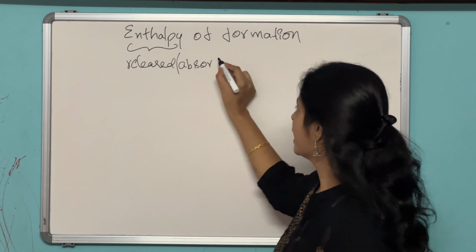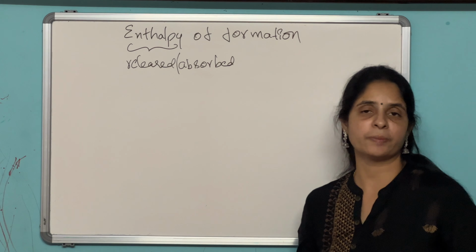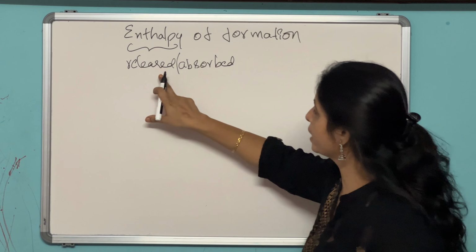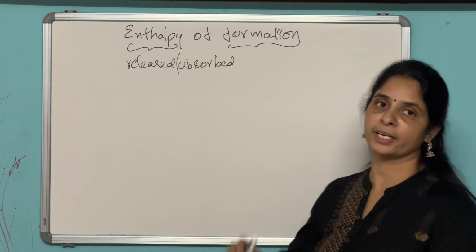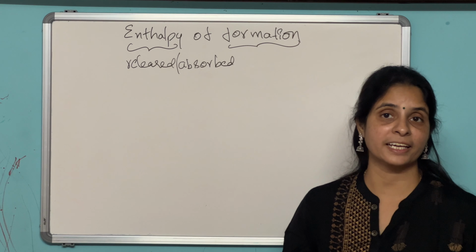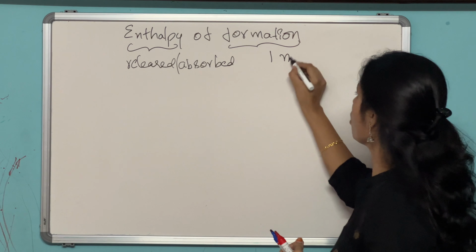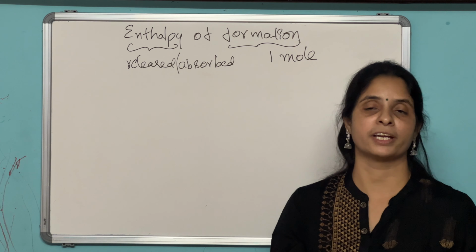Here the heat may be released or absorbed. So when the amount of heat is released or absorbed during the formation of any compound, what is that compound and how much we have taken, that matters here. That is 1 mole of any compound.